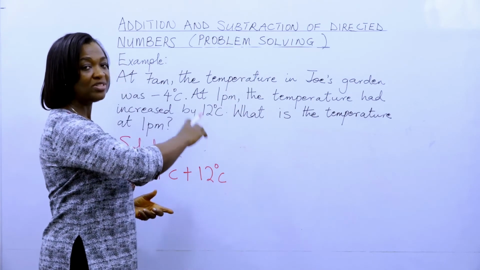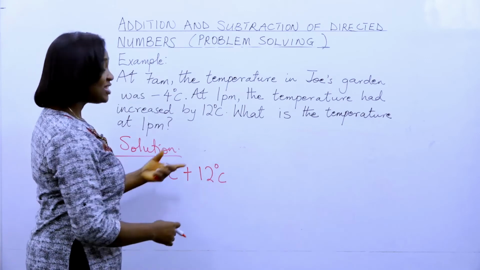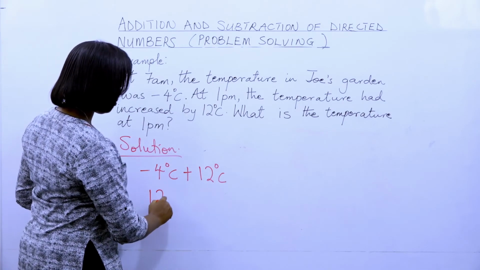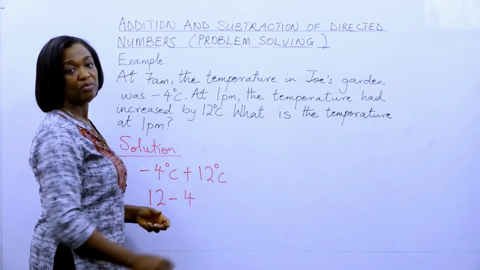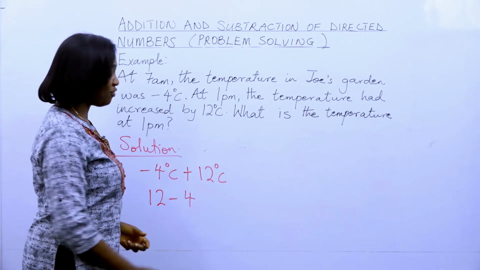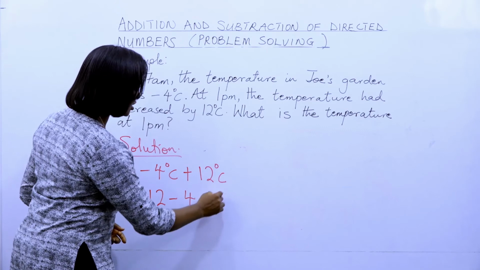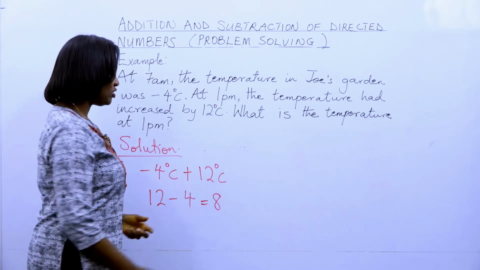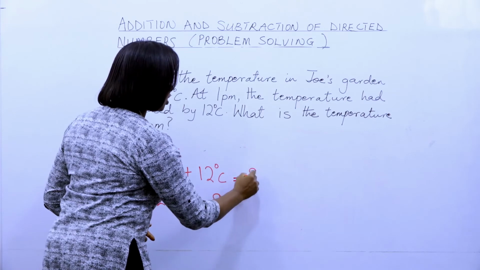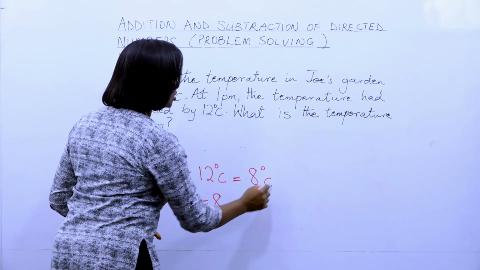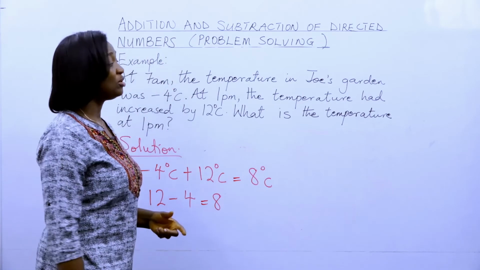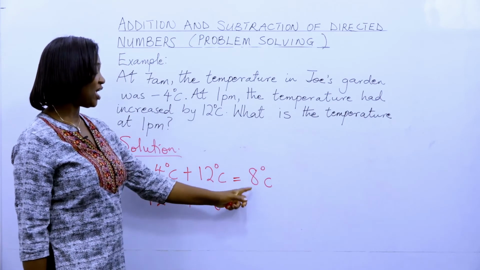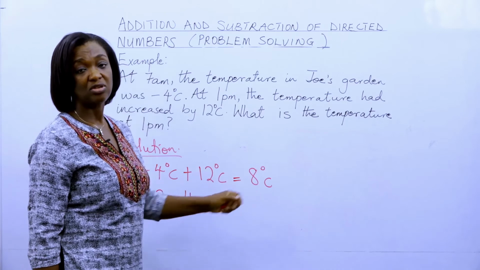You go 12 steps to the right. That is the same as 12 take away 4. And 12 take away 4 is equal to 8. So minus 4 degrees Celsius plus 12 degrees Celsius is equal to 8 degrees Celsius. So the new temperature in Joe's garden by 1 p.m. will be 8 degrees Celsius.